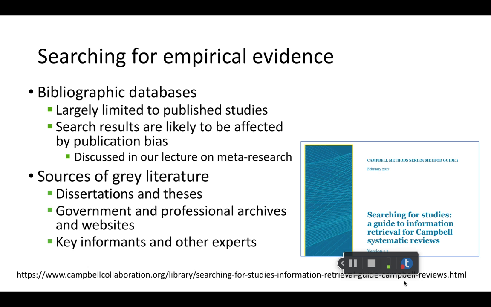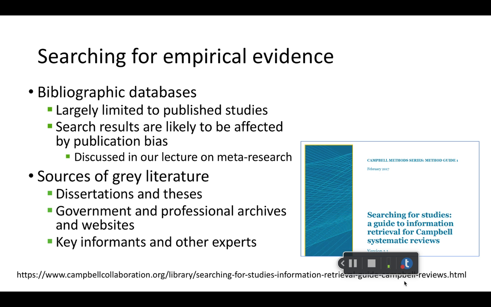Publication bias is a serious problem affecting our literature, and it's a topic of my lecture on meta-research. But for now, it's important to say that relying on bibliographic databases alone is not sufficient to get a truly unbiased set of sources. So we often turn to what's called the gray literature.